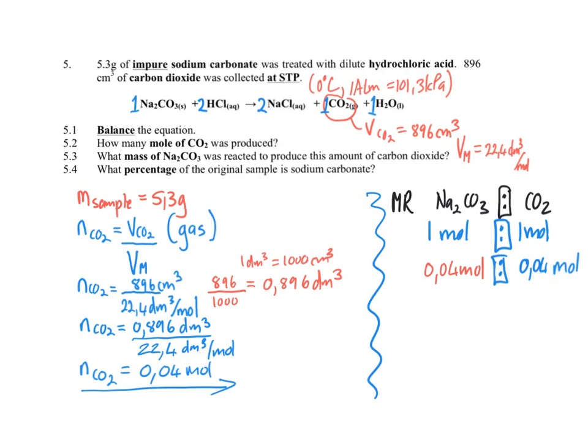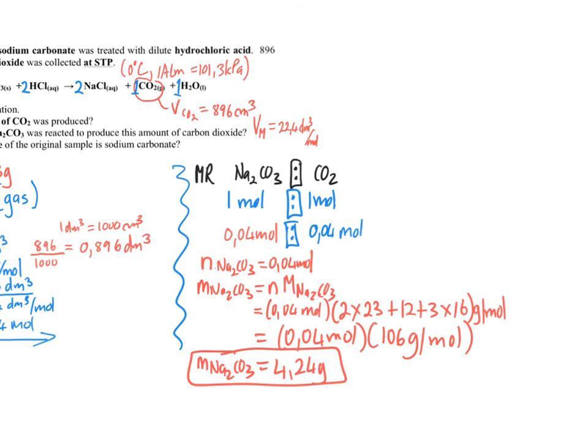Now that we have the number of moles of sodium carbonate, we now can work out the mass of sodium carbonate that was present in the sample in order to produce the 0.04 moles of CO2. Please pause the video and try and calculate that. So the number of moles of sodium carbonate required is 0.04 moles.